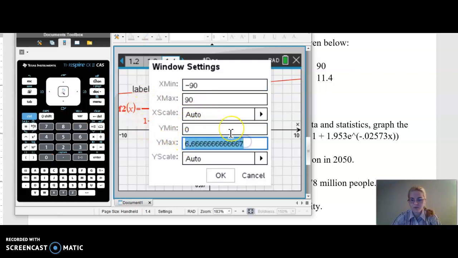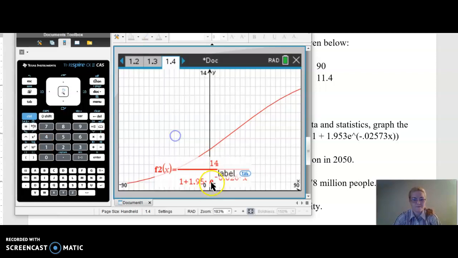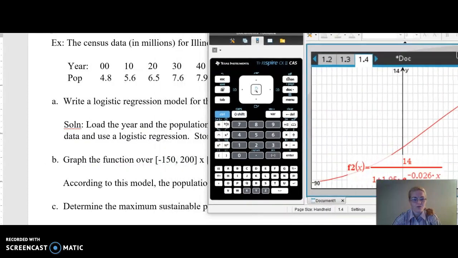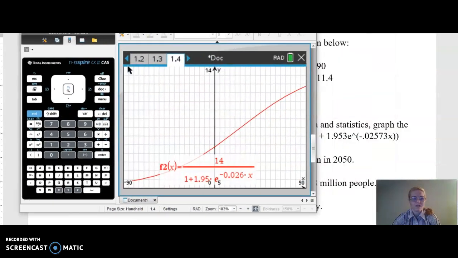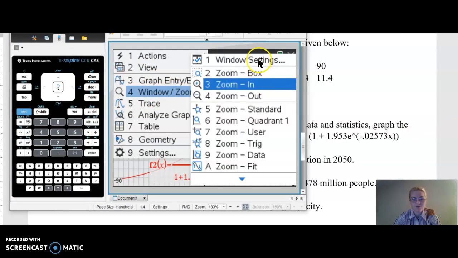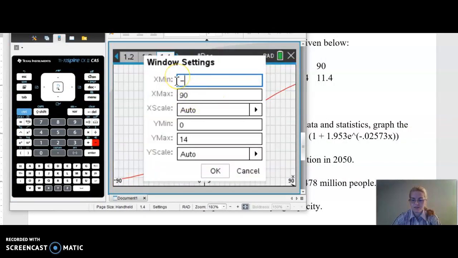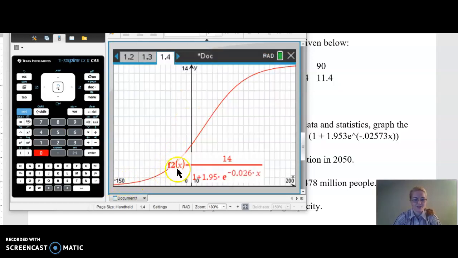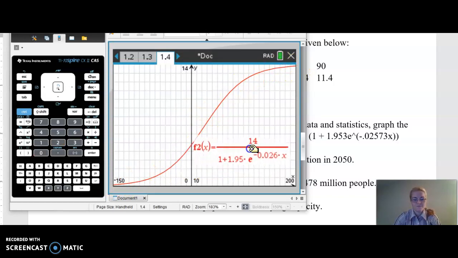And up at the top, it looked like we had 14, right? So there we've got more of our logistic model. If we graph over negative 150 to 200, we can see an even better, more complete picture. There you go, that definitely looks a whole lot more like our logistic model.